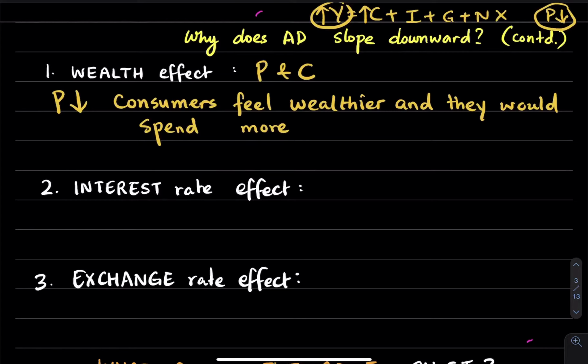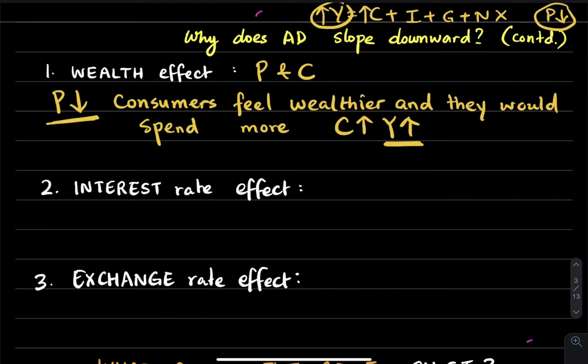And that's one reason why the aggregate demand curve is downward sloping. Price decreases, consumption is higher, Y has gone up. So this right here and this right here show an inverse relationship. That's one of the reasons why the aggregate demand curve is downward sloping.